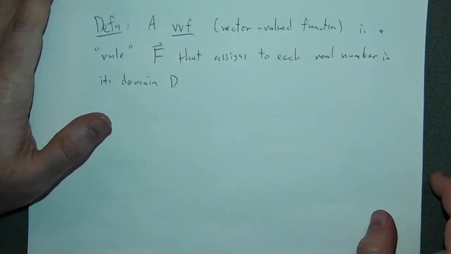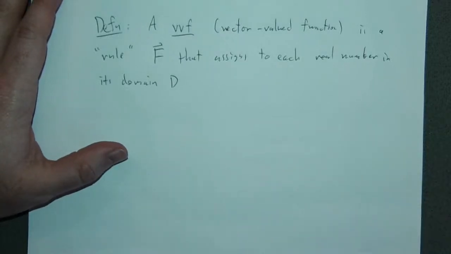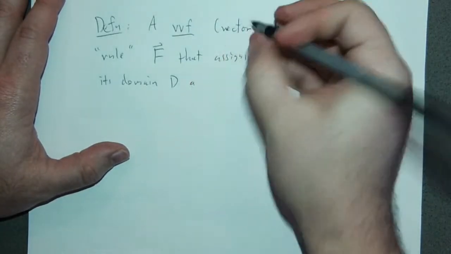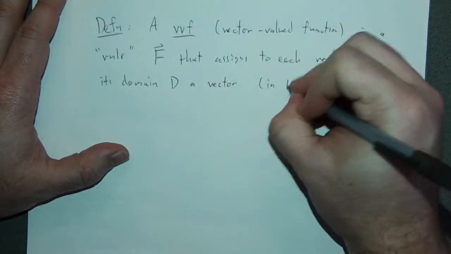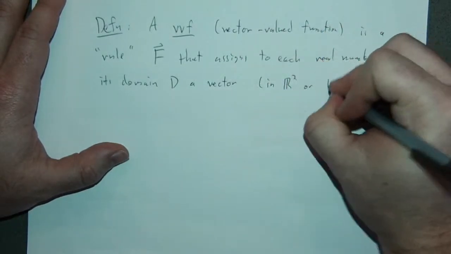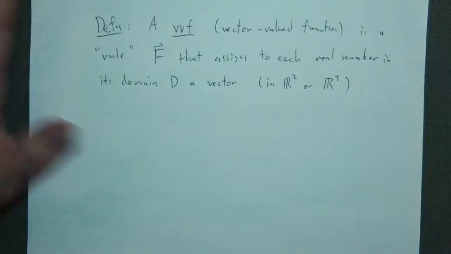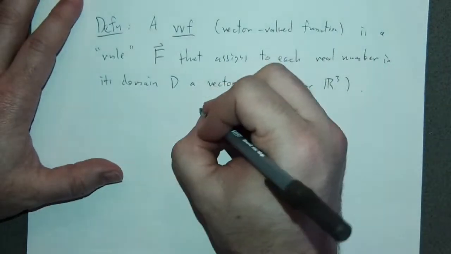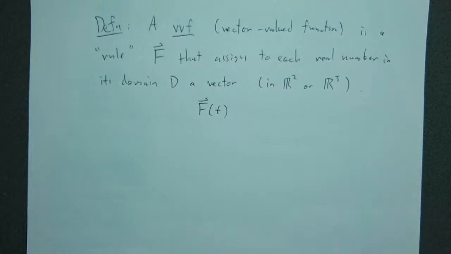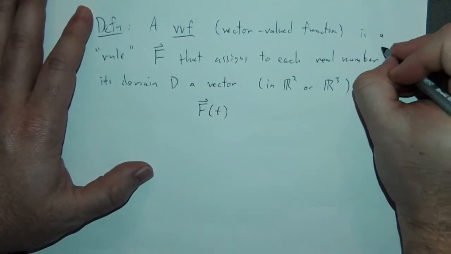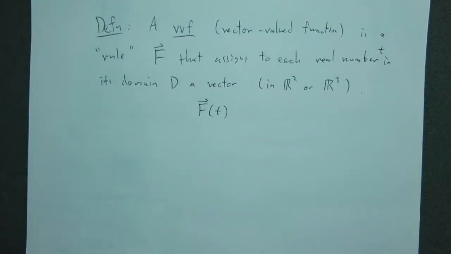So it's a rule F that assigns to each real number in its domain D a vector in R2 or R3. So some vector. We call that vector f of t, right? If we're saying that the real number in question is t, this vector is called f of t.